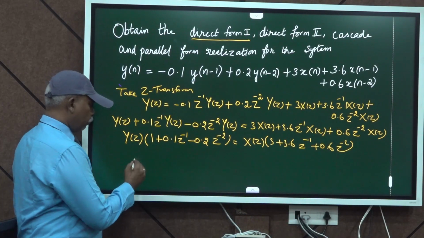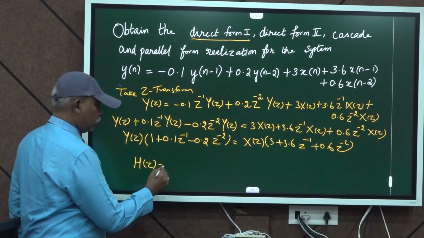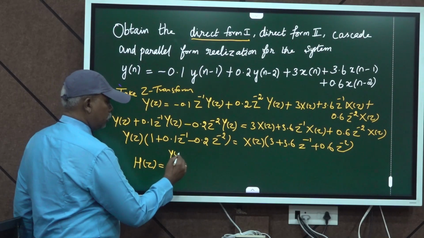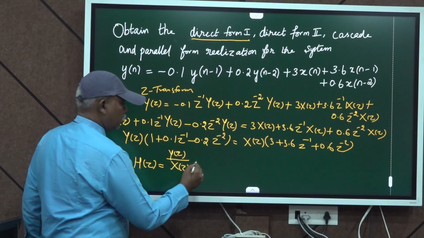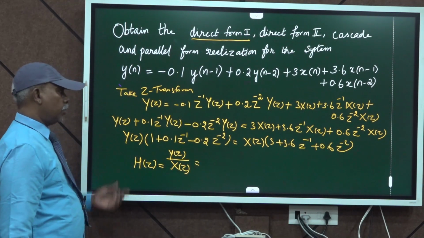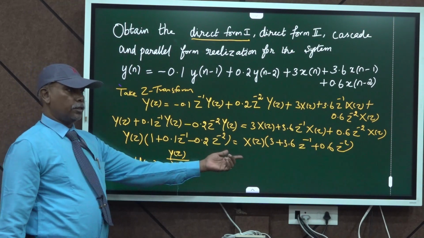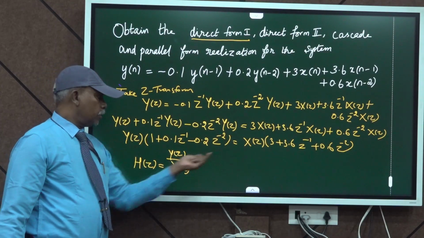Then as usual I told you, H of z is equal to Y of z divided by X of z. Y of z is here, X of z is here. So I took X of z to the downside.